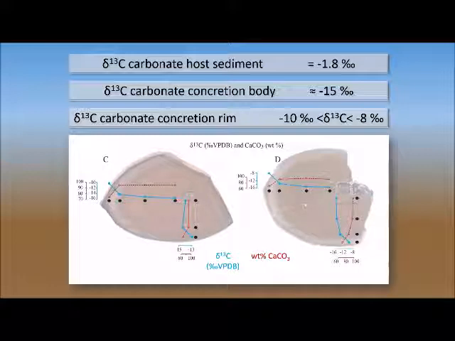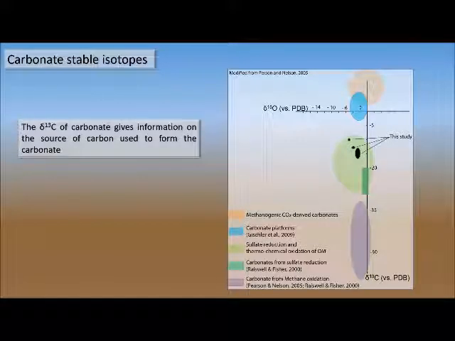What does it mean? Well, it means that the carbonate source in the concretion is different from the one in the host sediments. What else does it mean? To have values that negative, you need to be in this area of this diagram. So it's like sulfate reduction. Well, we know actually in that case it's dominantly sulfate reduction. So what it means is the sulfate-reducing bacteria have a major role in the formation of carbonate concretions.